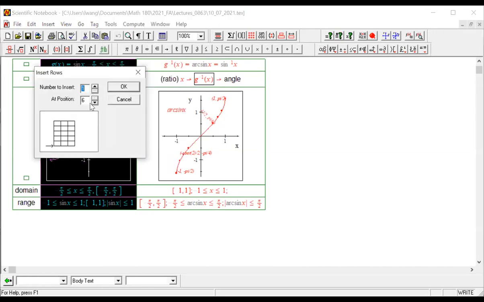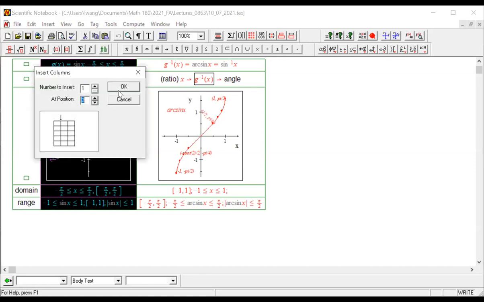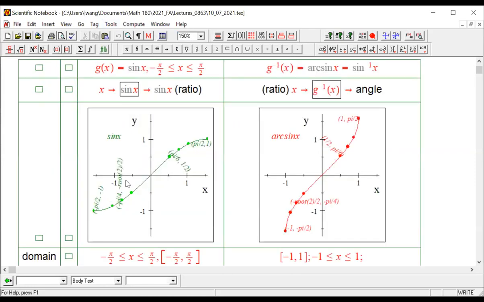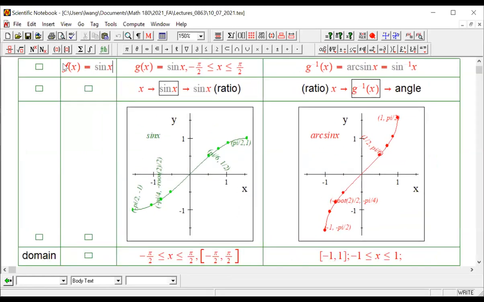Wait, that's not a row, that's a column, okay? Column over here. On this column, I'm going to put the sine function in place. I'm going to call it F.